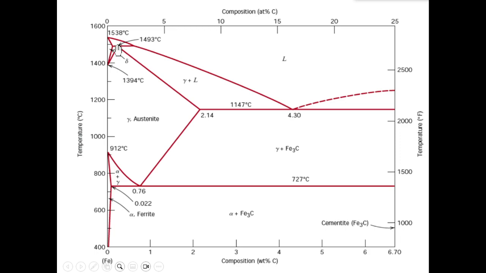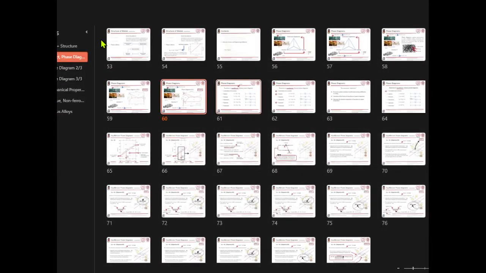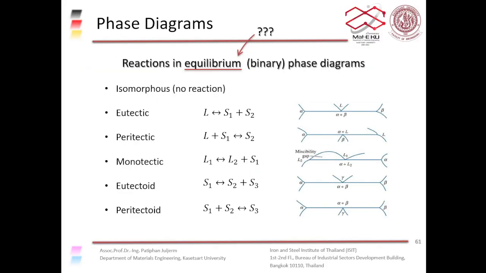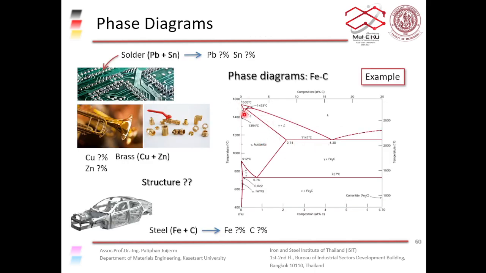So above this point, we have liquid plus delta, and below this point, we have gamma, right? So we have liquid plus solid number 1, liquid plus delta, turning into gamma, which is solid number 2. So what type of reaction is this? It's a peritectic reaction, right? We have liquid plus solid number 1 turning into solid number 2. Okay, so this is a peritectic reaction.